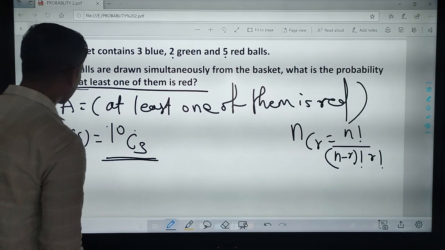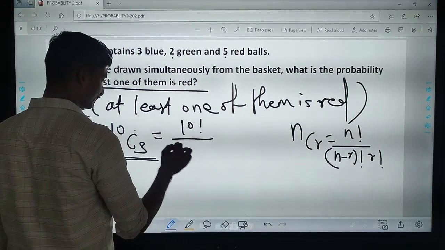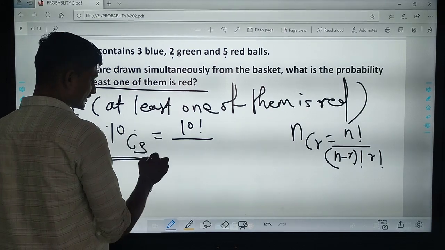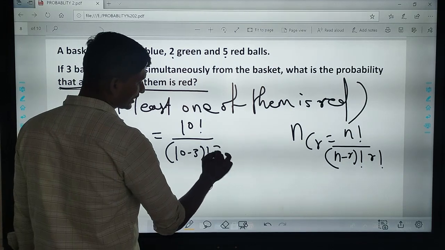Now here we find n of S. 10 factorial divided by the subtraction of these two, (10 minus 3) factorial into 3 factorial.